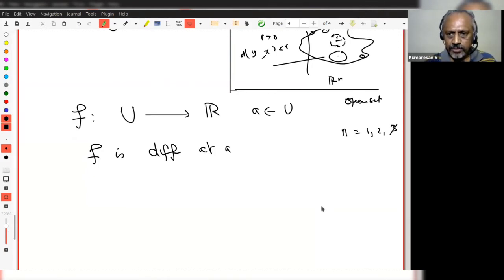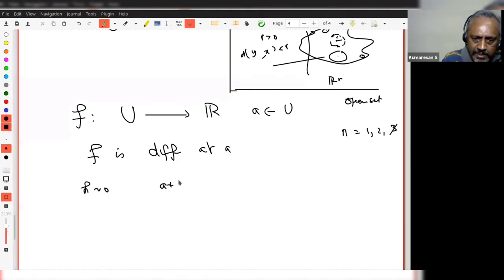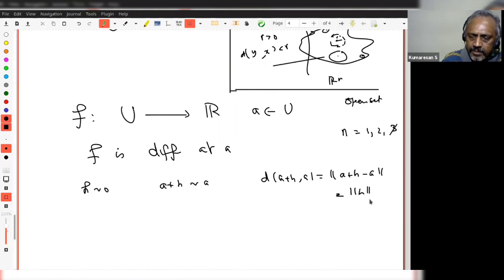Now what we are going to do is I want to say the following. Suppose h is very near to 0. Then a plus h will be very near to a. Do you understand that? Because the distance between a plus h and a will be the length of this vector h.